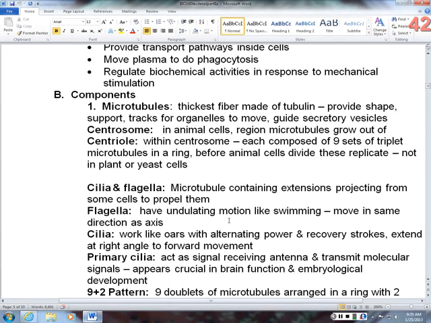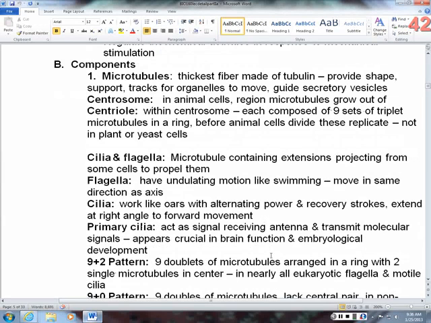Where with cilia, it works more like oars. The axis is this way of them, but it will propel it that way. And they're going to have alternating recovery and power strokes in there. So your primary cilia are going to act as signal receiving antenna and transmit molecular signals that appear crucial in brain function and embryological development.